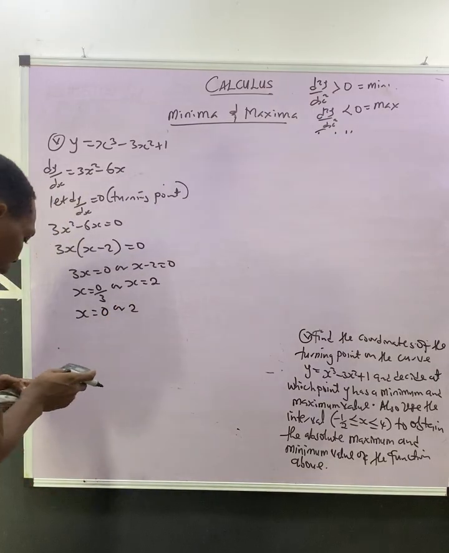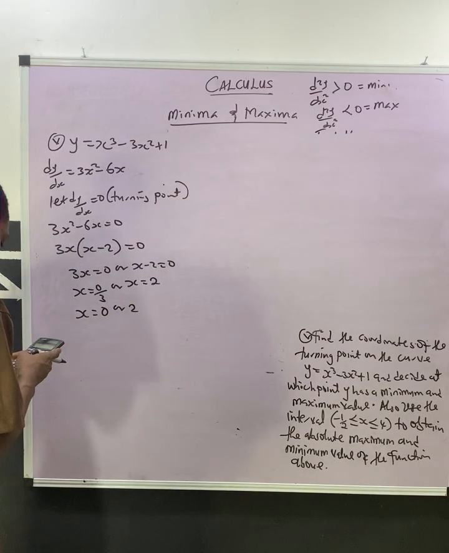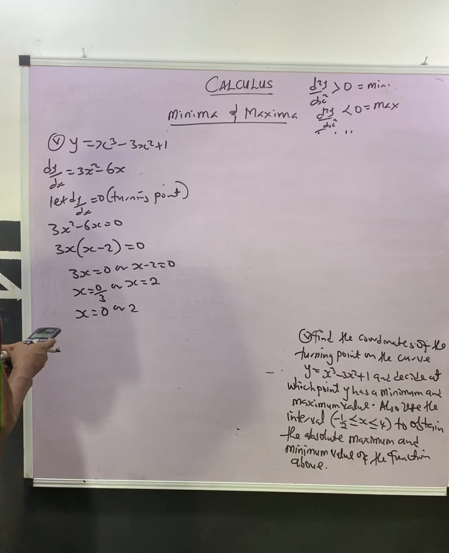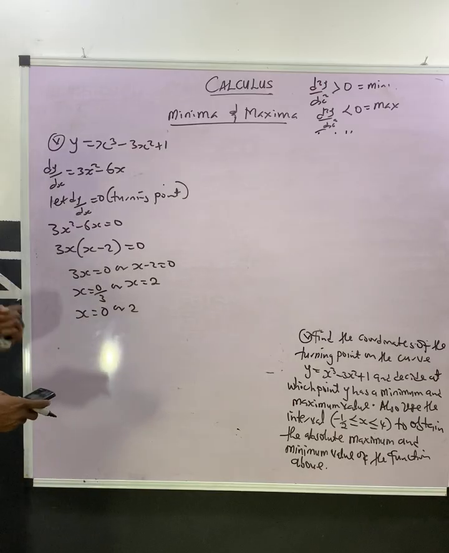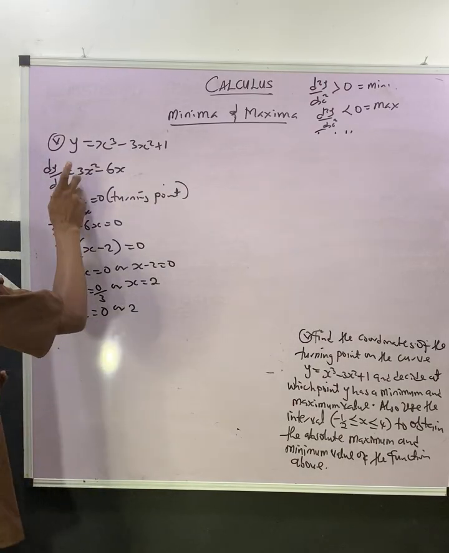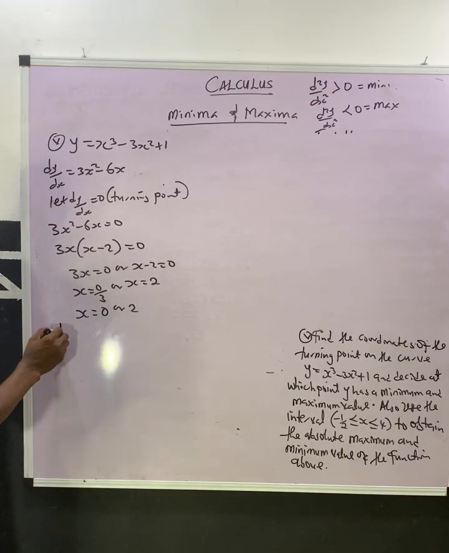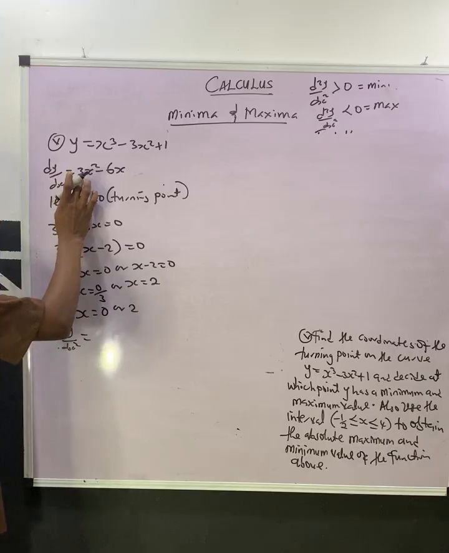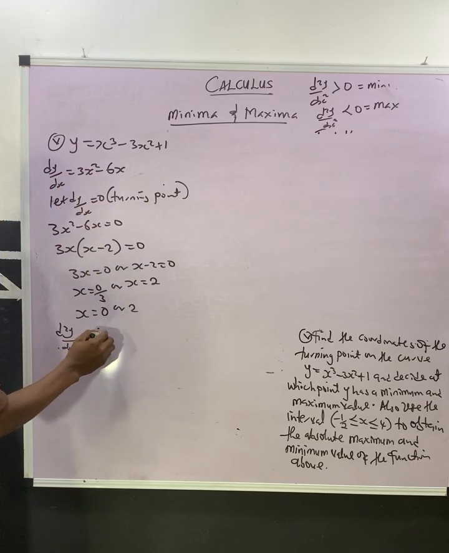So we can still confirm with our calculator also. So then we have 3, minus 6 and 0. Now that we've gotten our x, the next step is we take the second derivative. So d squared y over dx squared equals, if I differentiate 3x squared, we have 6x.